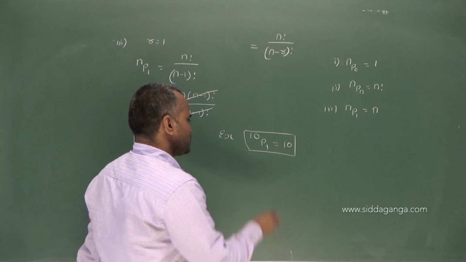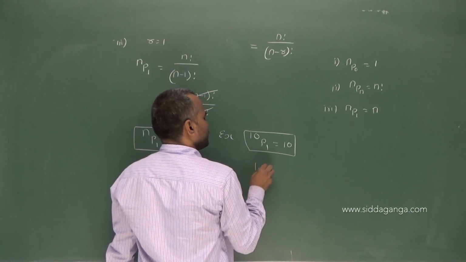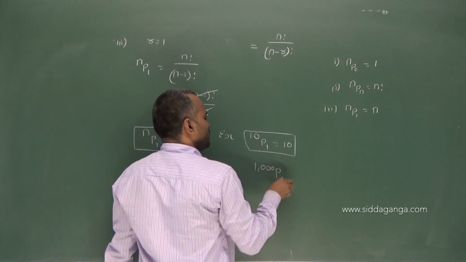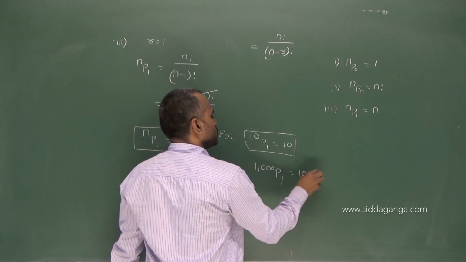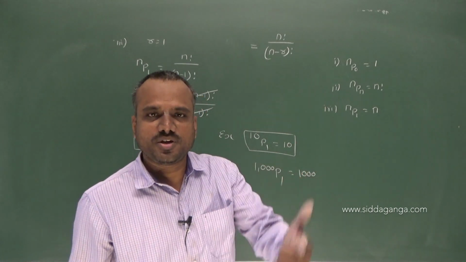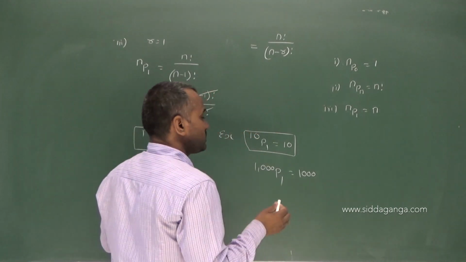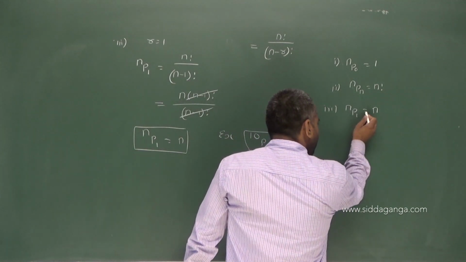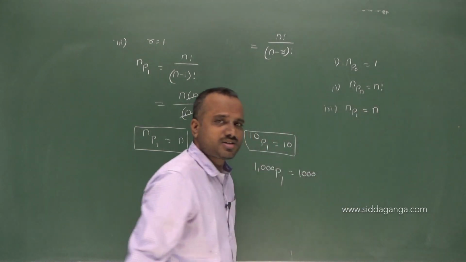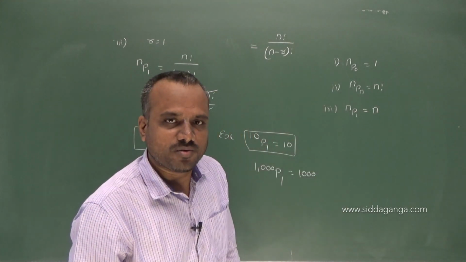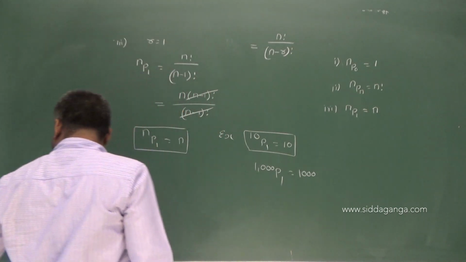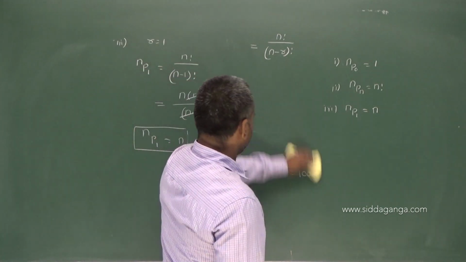Suppose I want 1000P1, the answer is 1000. 100P1, 50P1, the answer is 50. So overall, nP1 is n.